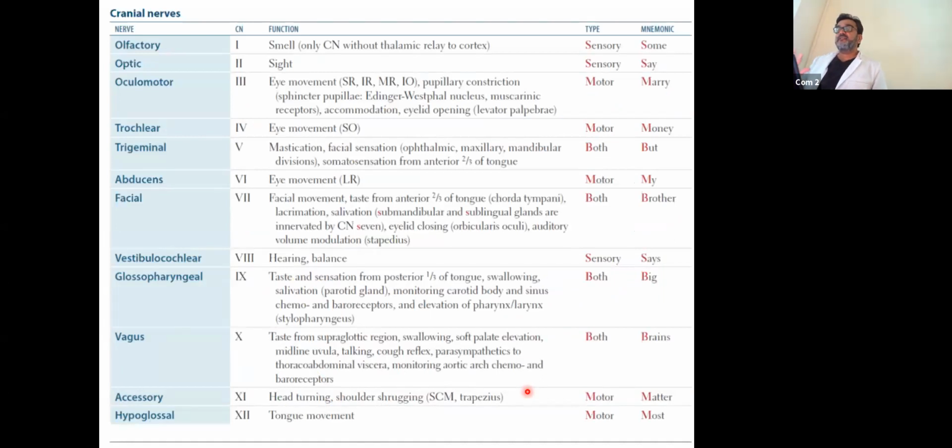So this is generally giving you the functions of the cranial nerves. Olfactory and optic are not related to the brainstem. Olfactory is the first cranial nerve related with smell. Optic is the second cranial nerve, which is related with vision.